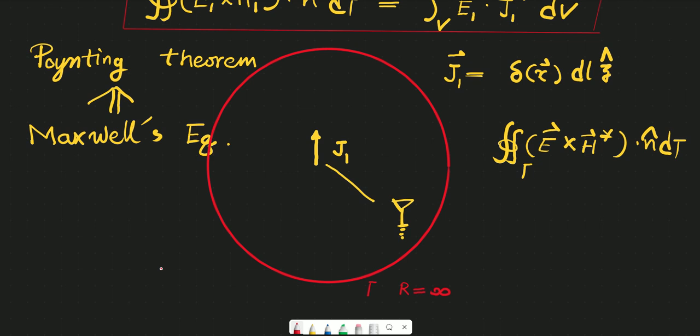So this is P radiation. We know from any theory that this is a real number, and it is larger than zero.